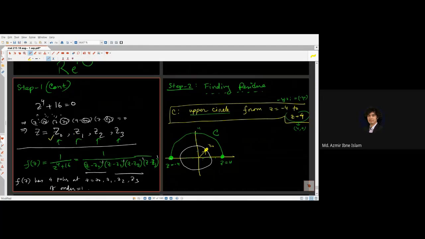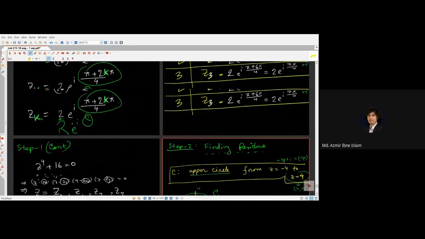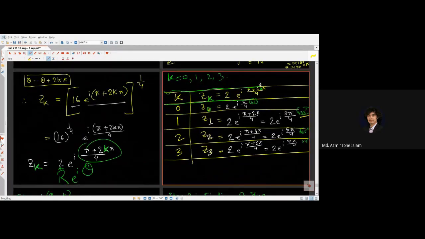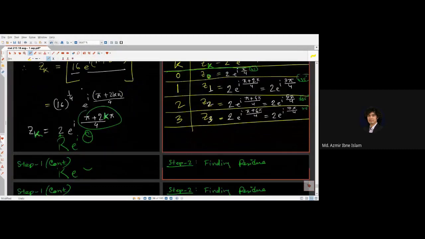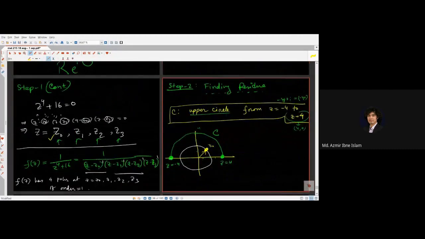Now, what is for z1? z1 is 135 degrees. We have already understood this part. So this 135 degrees will be in the second quadrant. Any complex number can be directed as a vector. So that's why we have directed this one. So this is 135 degrees from the positive x-axis. Are you getting the idea?